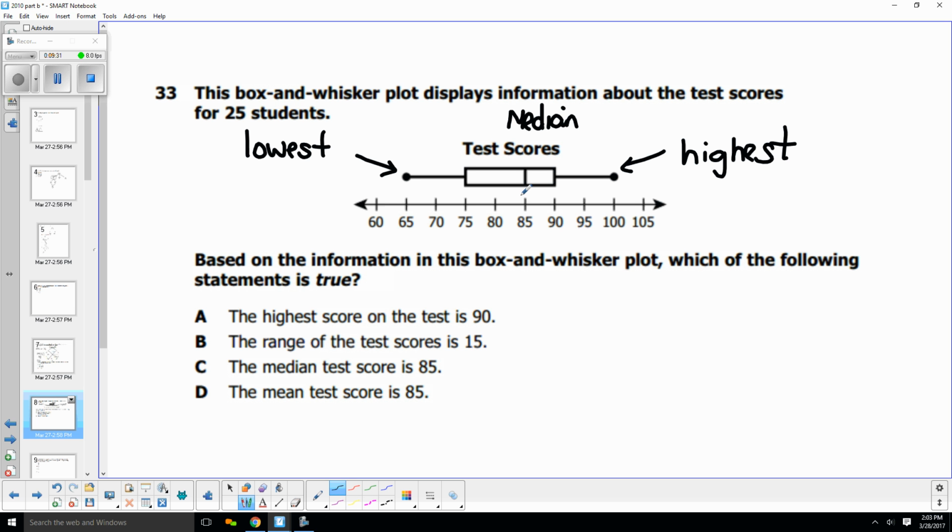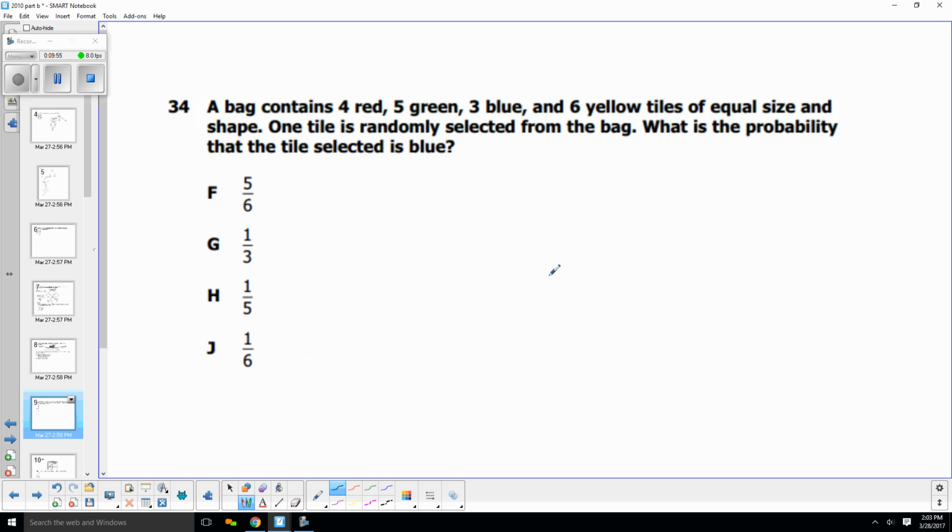Those have special names, and you'll get into that more next year, but that's kind of what that's looking like on your box and whiskers. But you will not have box and whiskers. I had a question, I'm sorry. No, because you shouldn't have one. You shouldn't have this one on your SOL test.